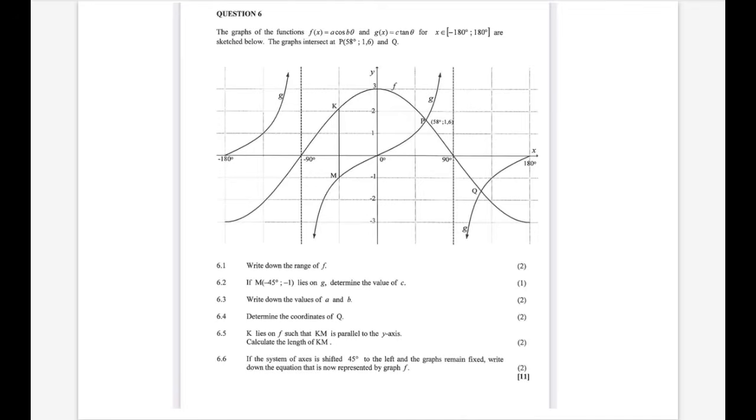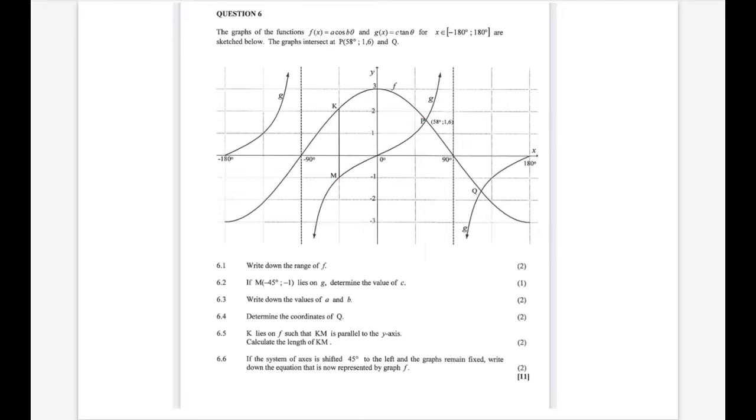Let's get into it. So we're told the following here, that the graphs of the functions f of x is equal to a cos b theta, that is f over here, this guy, and g, which is c tan theta, that's this guy over here.